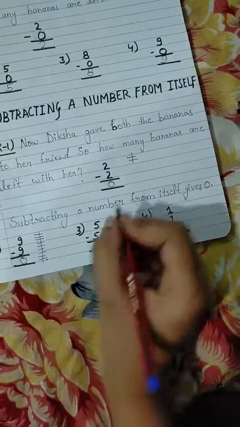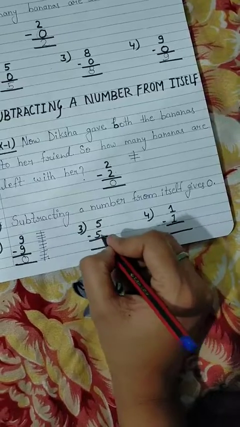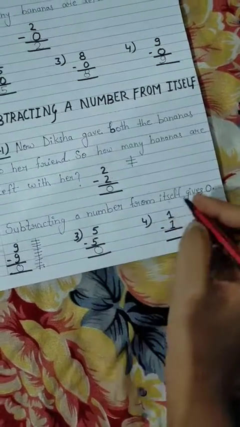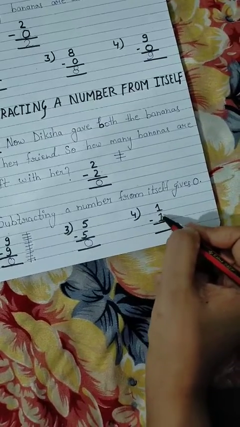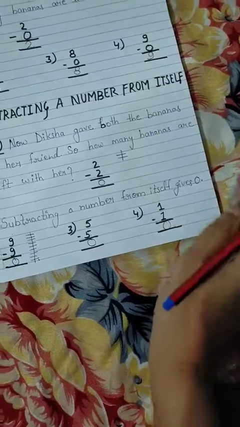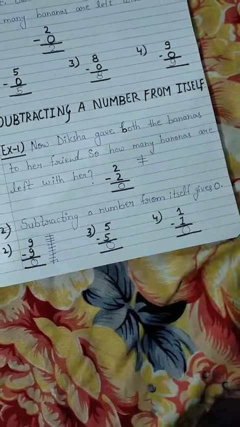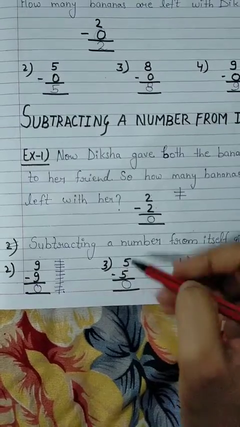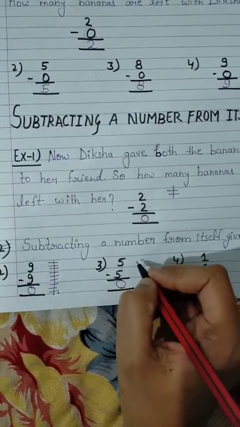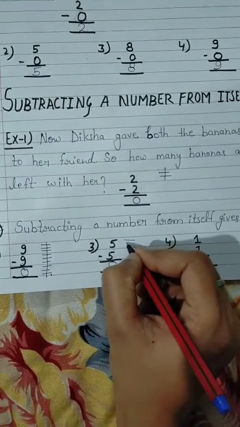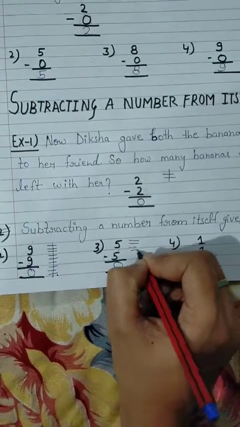So what do we get? We get 0. Now here 5 minus 5, that is 0. And again 1 minus 1, that is 0. If you want to cross check your answer, 5 minus 5 is equal to 0. Then you have to draw 5 lines here. 1, 2, 3, 4, 5.